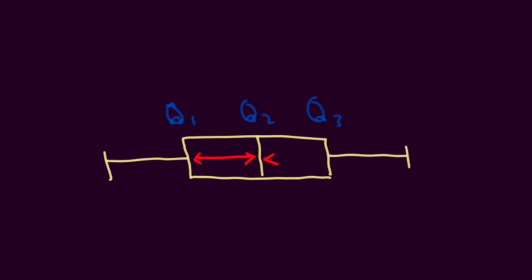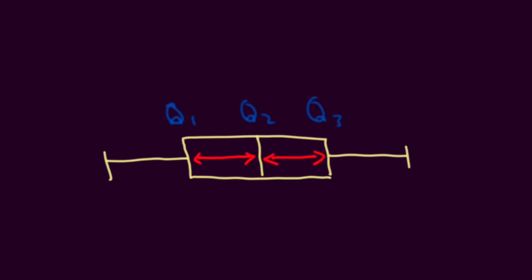So let's go back to the symmetrical distribution. As you can see, this is a box plot: Q1, Q2, Q3, third quartile. This box plot represents a symmetrical distribution.